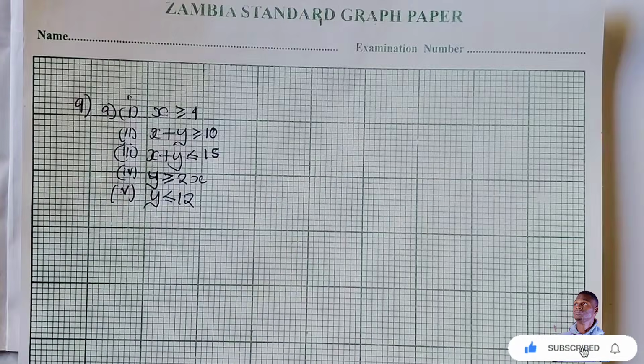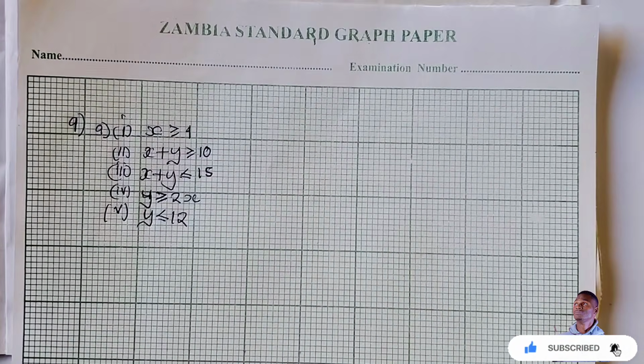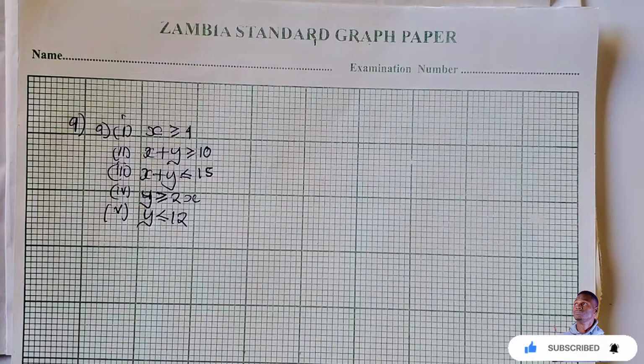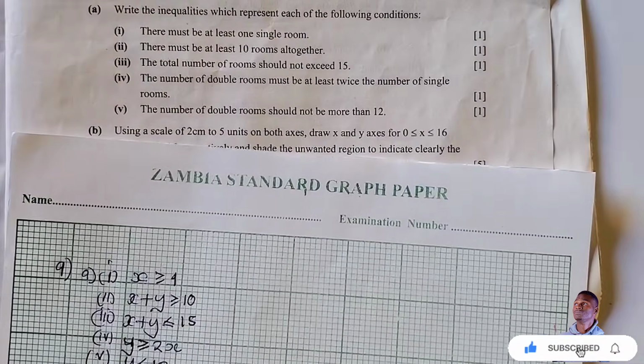If you've gotten 5 marks here, it means that you've gotten 10, because plotting or graphing these is 10 marks. So look at this.